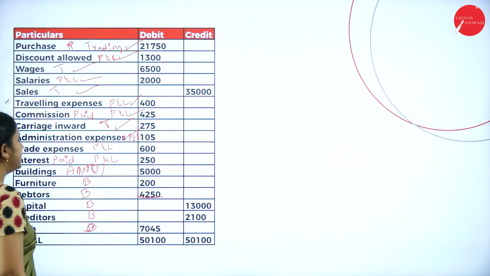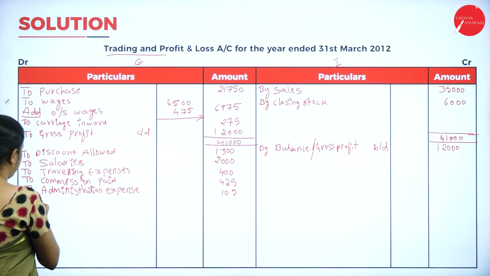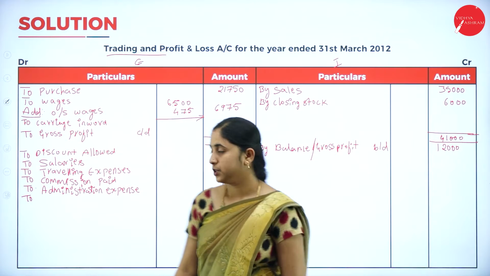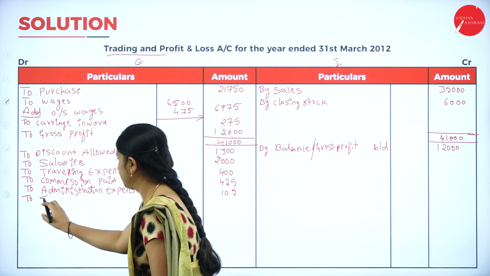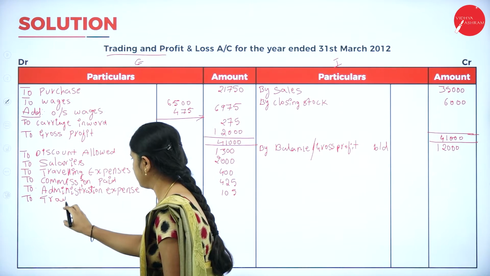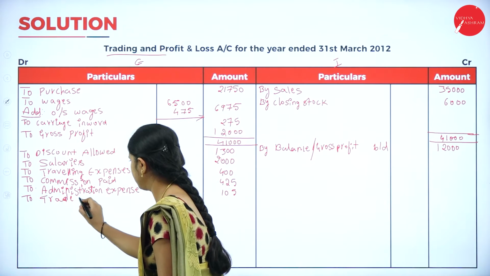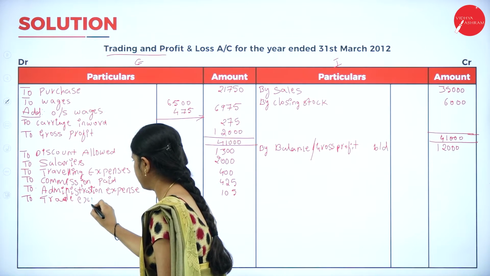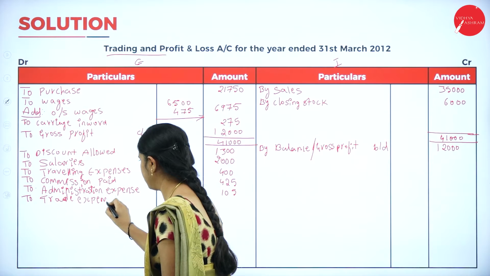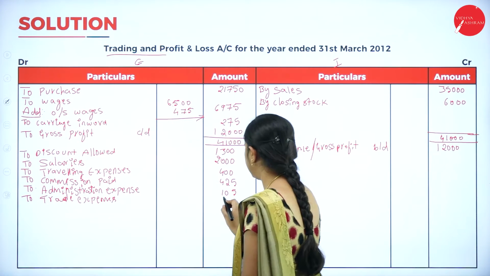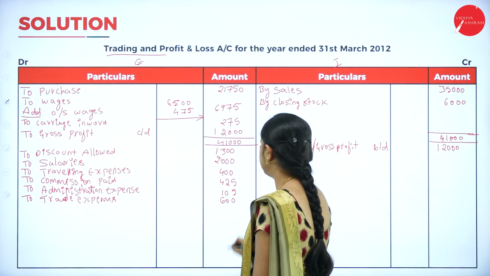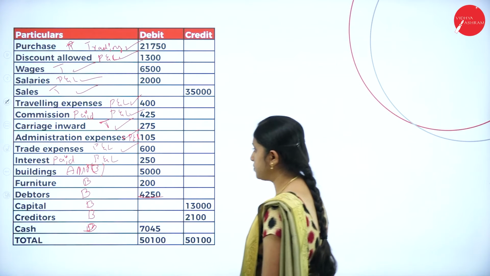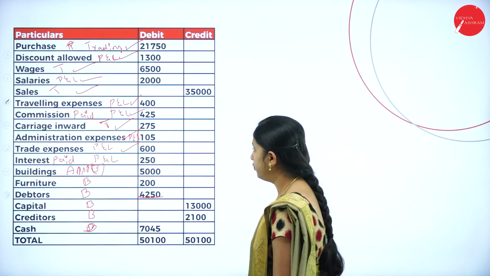Expense, debit side, to trade expense rupees 600. Next, interest paid 250.